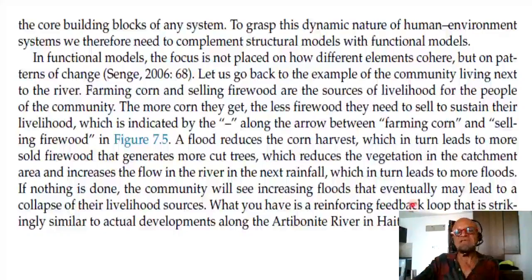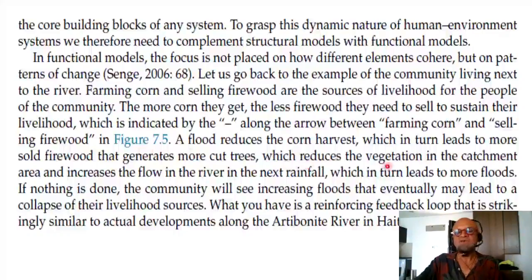Farming corn and selling firewood are the sources of livelihood for the people of the community. The more corn they get, the less firewood they need to sell to sustain their livelihood, which is indicated by the negative sign along the arrow between farming corn and selling firewood in figure 7.5. As I said, that corresponds to a positive or a negative feedback, as we'll see in a minute.